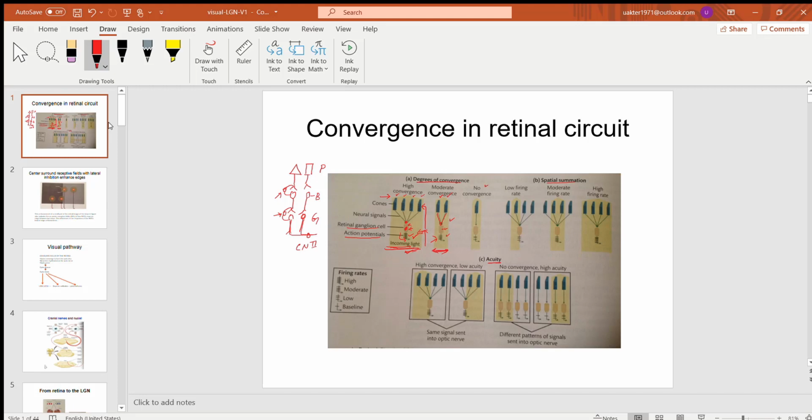Here, in this case, is another way the ganglion cell is activated. You see here, this is the stimulus, which is really narrow compared to the previous two, right? So this area of stimulus will activate only a single cone. Here there is no convergence, right? So only one cone is giving signal to one ganglion cell.